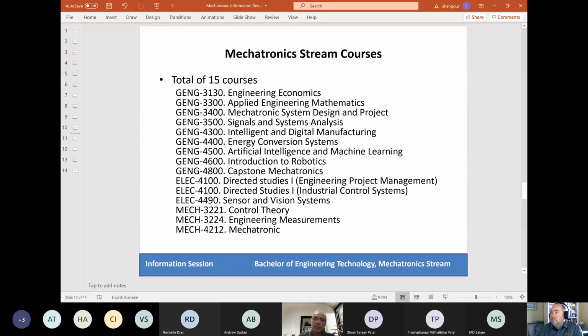So this pathway of mechatronics that electrical departments typically have in their department is more on the electrical side. But if you look at other universities, they may focus on the mechanical side.